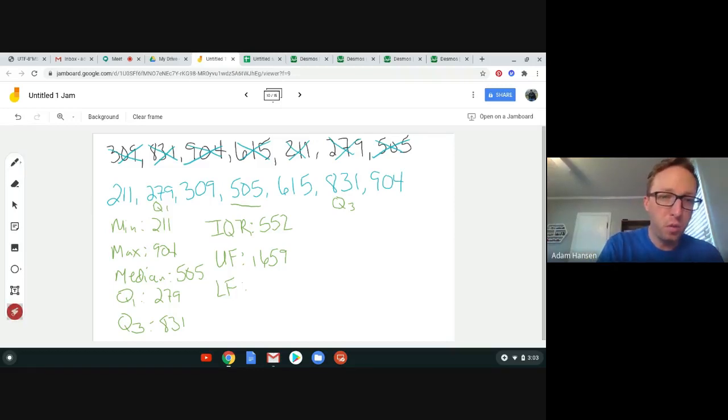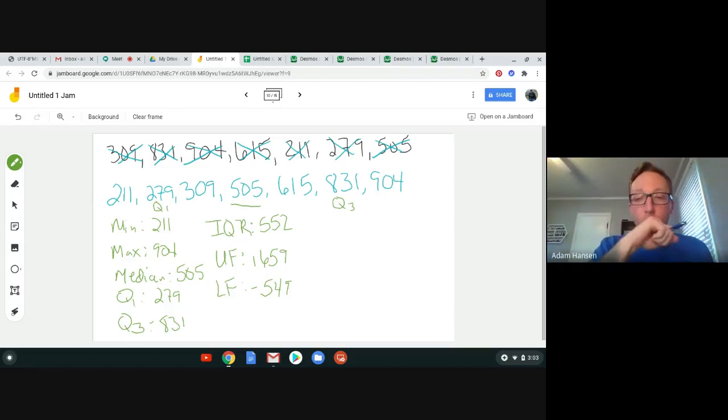The lower fence would be Q1 minus 1.5 times the IQR, so 279 minus 1.5 times 552. So negative 549. There are no data points that are less than that, so we have no outliers there as well.